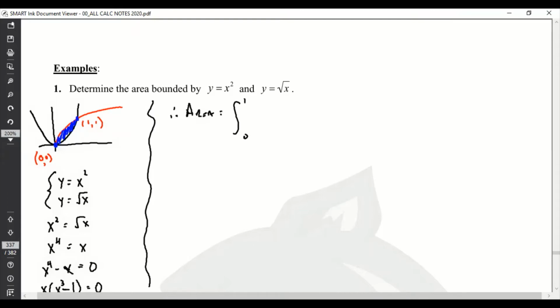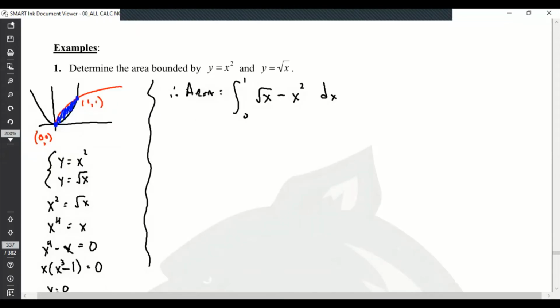And so we are going to start with square root x minus x squared. Be careful, we would need brackets in there if these were more than one term. Remember that root x is just x to the 1/2.